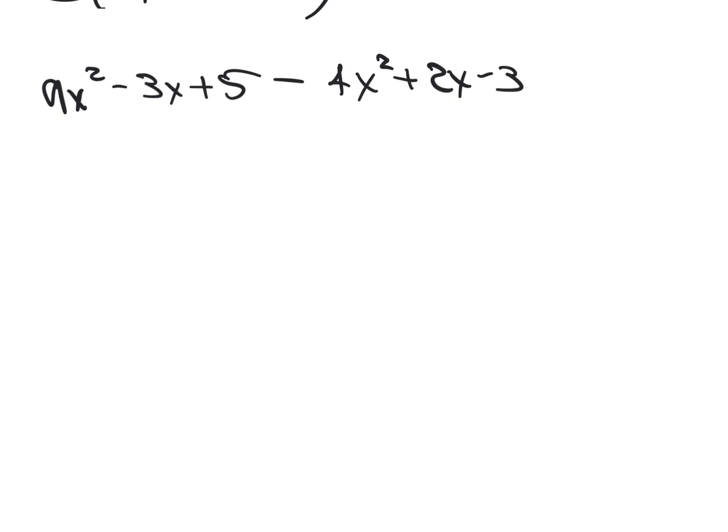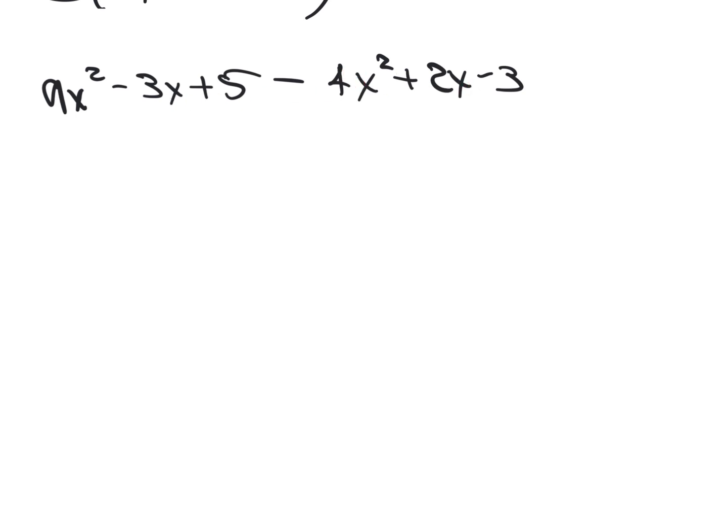Now there's two things I want you to look at. First, just because the 4x squared plus 2x minus 3 comes first in the instructions, it says subtract that from that. So that means we've got a minus. So the way I have this written here, all I'm subtracting from 9x squared minus 3x plus 5 is the minus 4x squared. I don't have this written correctly.